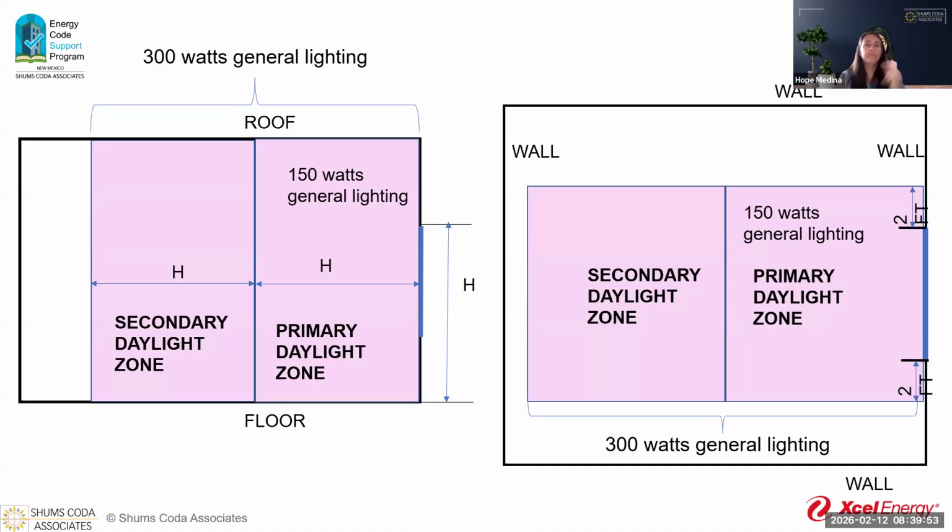All right. Well, let's talk about the side lit zones here. For our side lit zones, how you determine how you're going to calculate it is we have our windows.